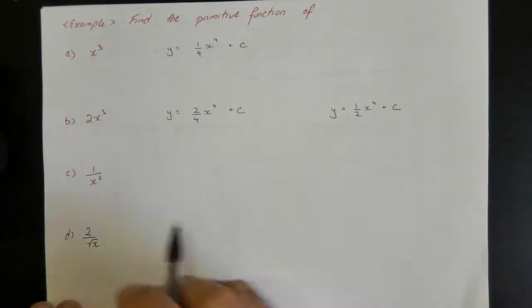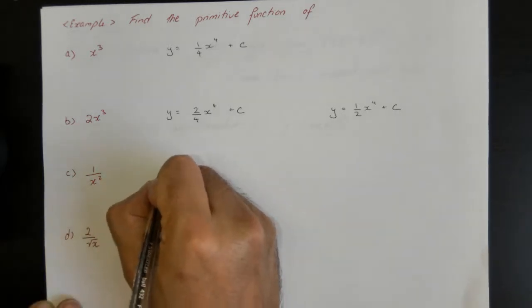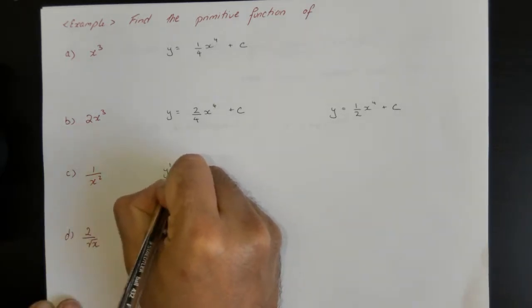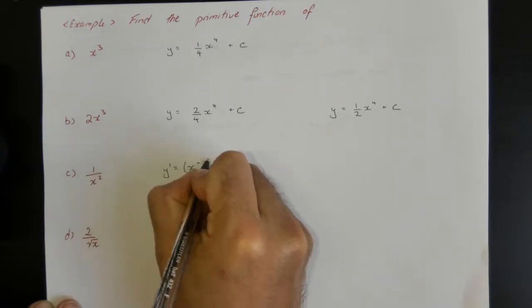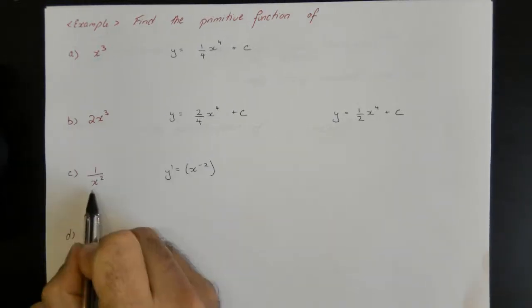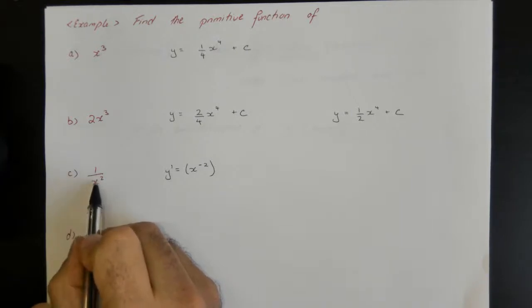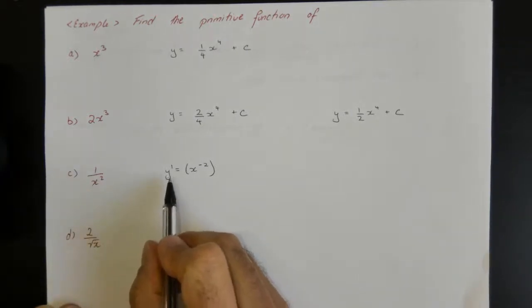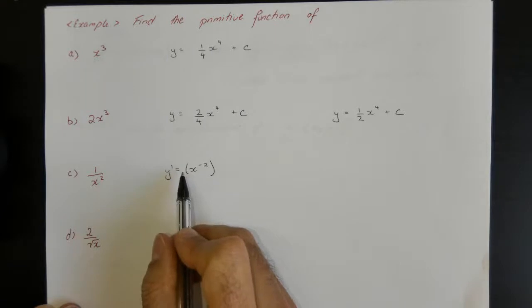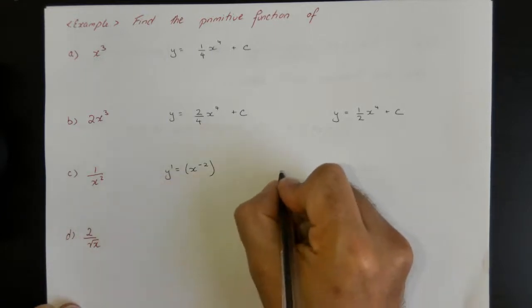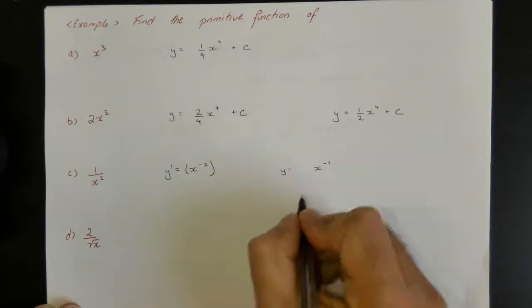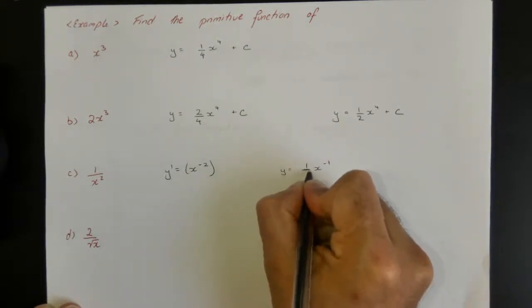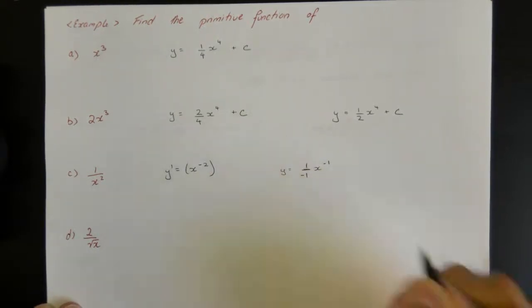Okay. So what I'll do with this one, before I find the antiderivative, I'm going to write it in index laws. So 1 over x squared is the same as writing x to the power of negative 2. So I'm going to raise the power and then divide by the power.